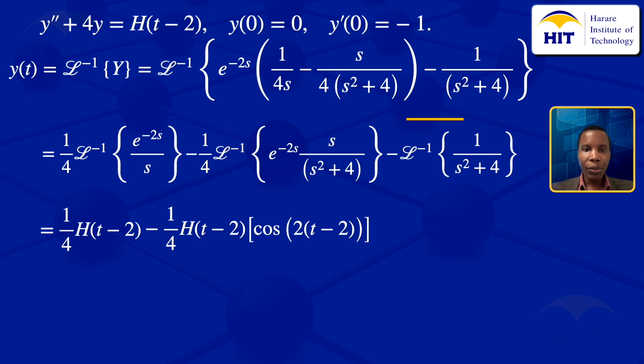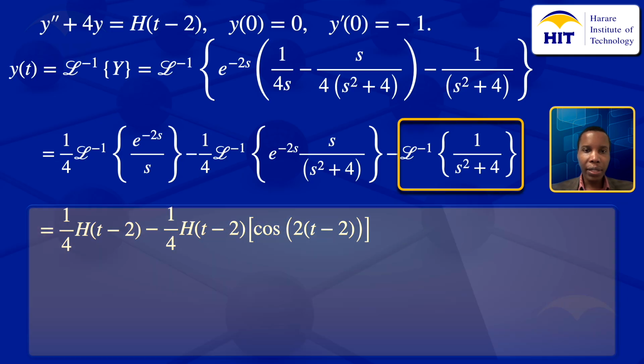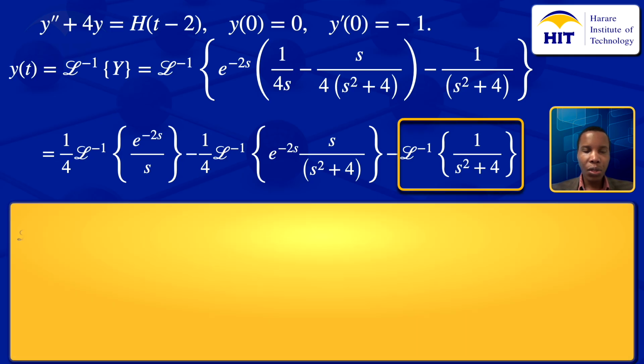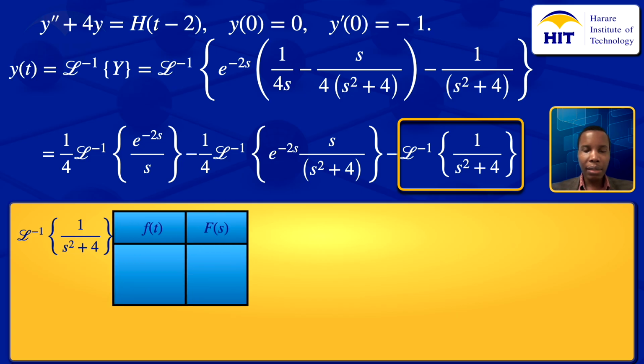Then go on and look at this part here, the inverse Laplace transform of 1 over s squared plus 4. For that inverse Laplace transform, from our table of Laplace transforms, we see that it is similar to the Laplace transform of sine of at. So we have there our f of s is 1 over s squared plus 4. But for sine of at, we have this a squared.